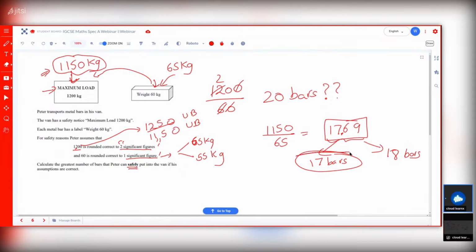You want to stay under that. So even though it says maximum, greatest, you want to always be under this amount. 17.69 cannot be the number of bars, so you have to round it to an integer, but 17 would be the accurate one.